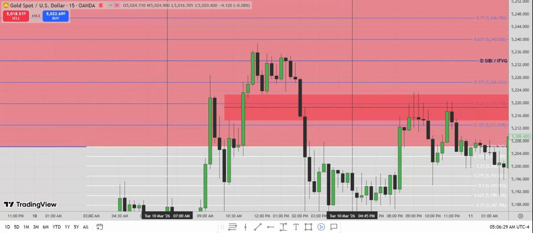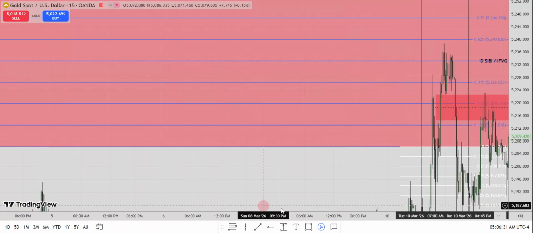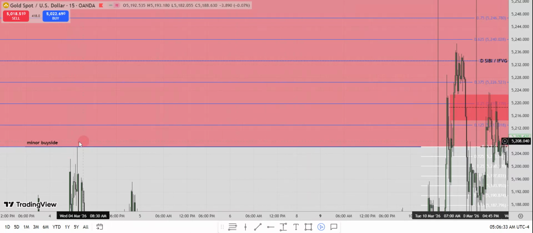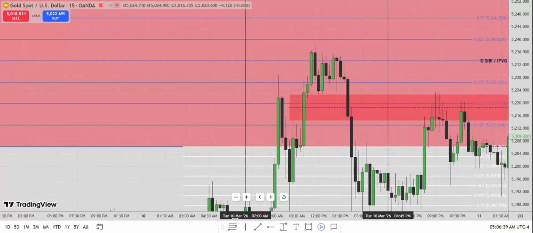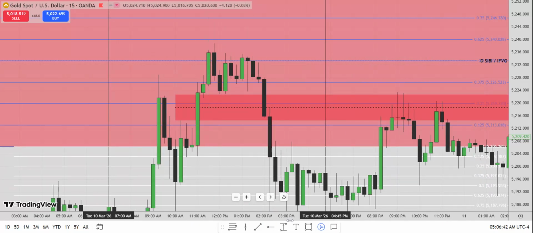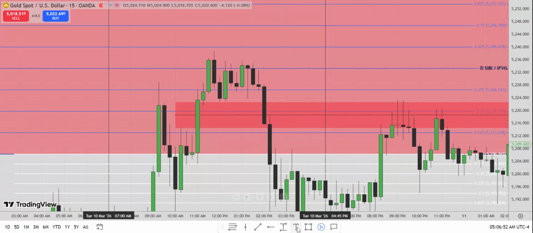See that minor buy side liquidity? This one here, we raided that. That's called a turtle soup. Oh my god, I don't know why it keeps doing that.